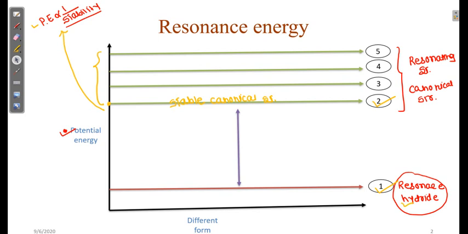So 2 minus 1 is known as the resonance energy according to this graph. 2 is the stable canonical structure, and 1 is the resonance hybrid. Dear student, my goal is to find structure number 2, because this is very important for us to find the stable resonating structure.